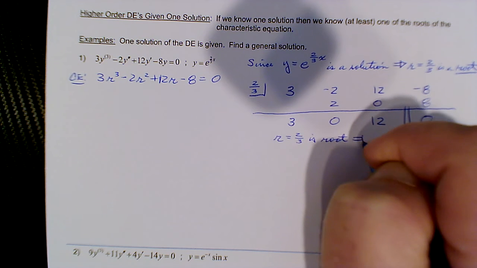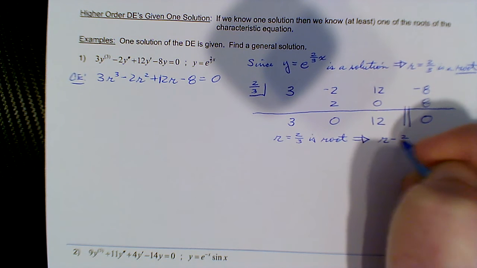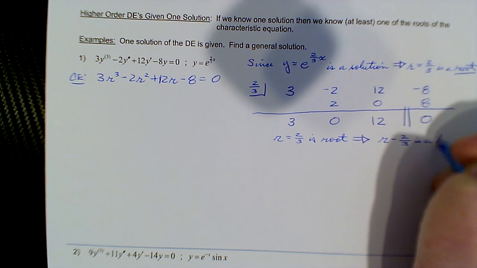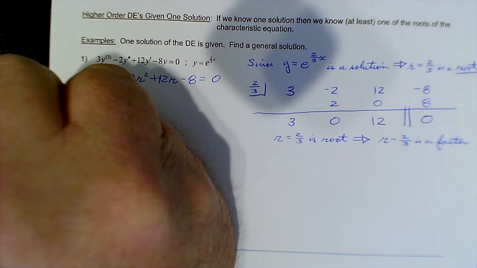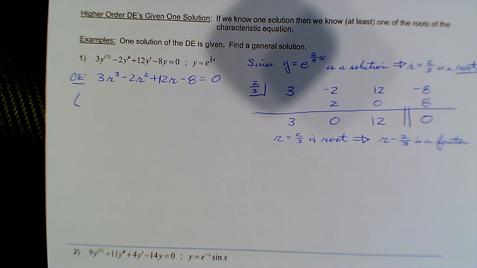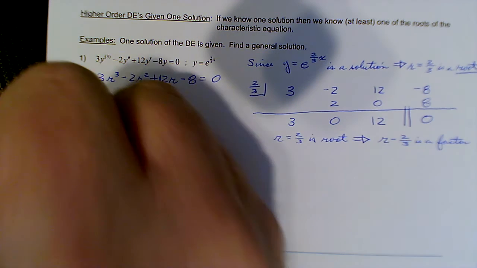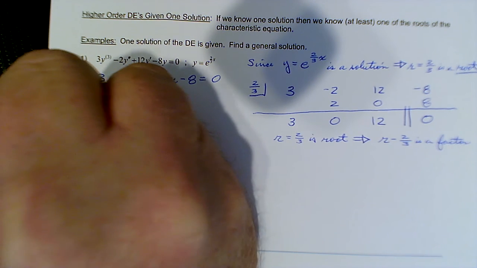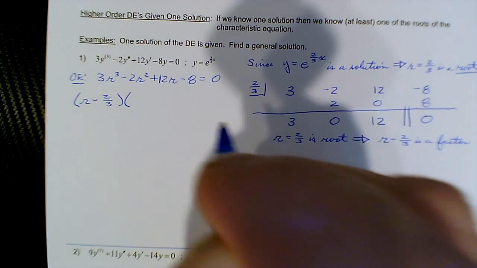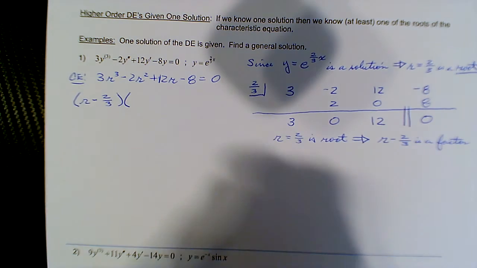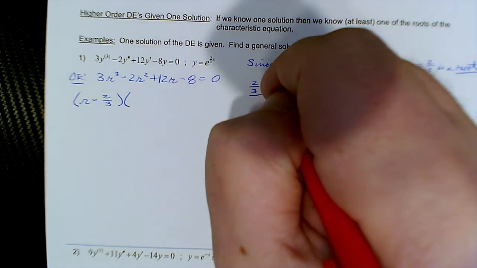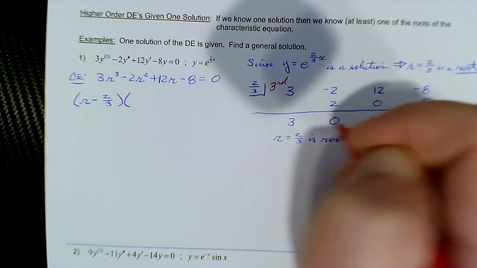So now we know that r equals 2/3 is a root, so then r minus 2/3 is a factor. So here we would have r minus 2/3 and then times the quantity, this is a third degree.